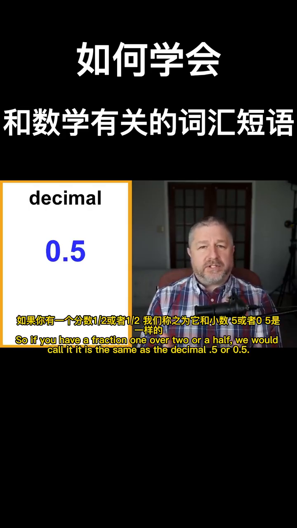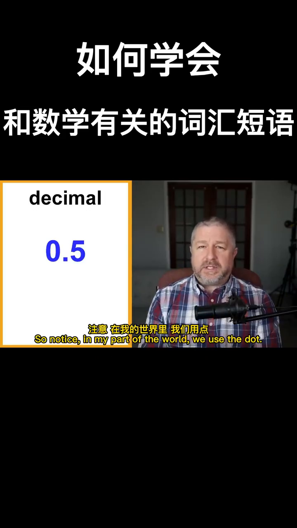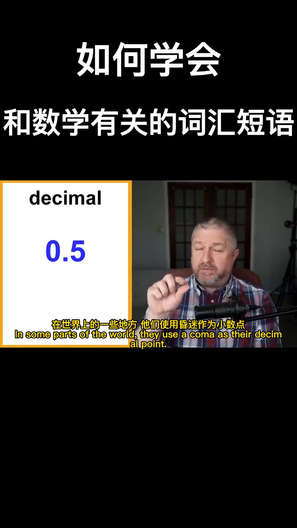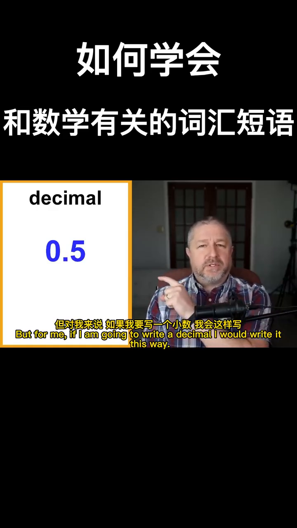And then similar to fractions, we have decimals. So if you have a fraction, 1/2, or a half, it is the same as the decimal 0.5. So notice in my part of the world, we use the dot. In some parts of the world, they use a comma as their decimal point. But for me, if I am going to write a decimal, I would write it this way.